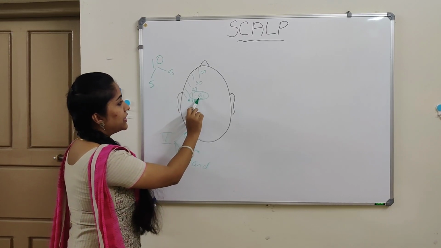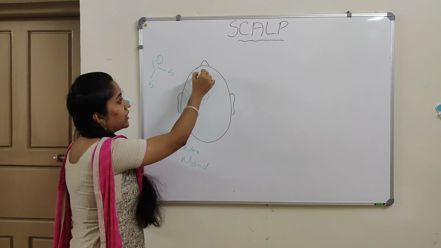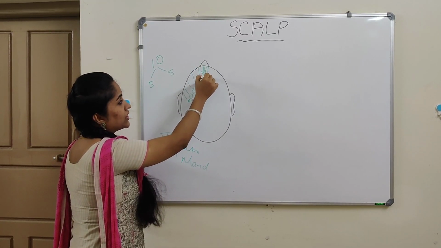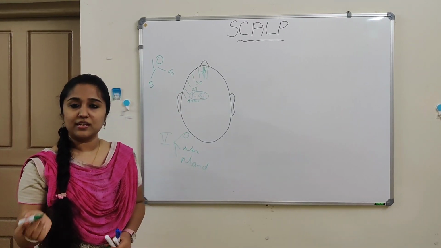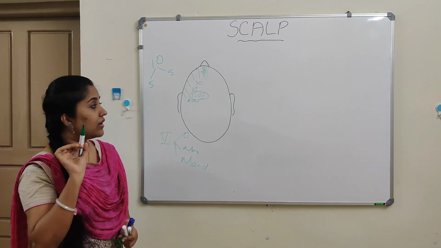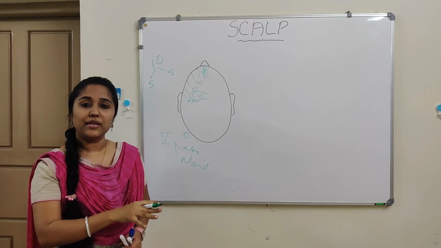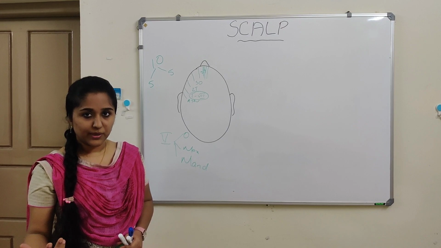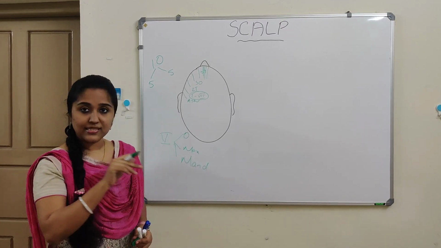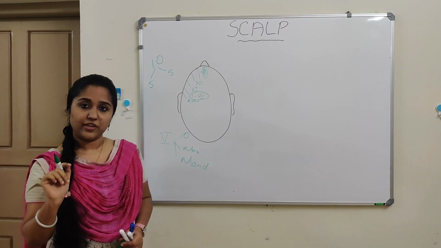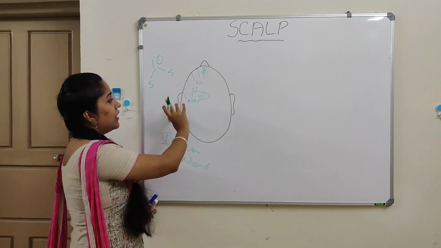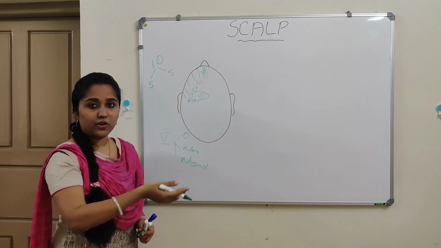This temporal branch will supply the frontal belly of occipitofrontalis. We have already discussed in the last session that the occipitofrontalis muscle has 2 bellies, the frontal belly in the front and the occipital belly behind. The frontal belly is supplied by the temporal branch of the facial nerve. So these are the sets of nerves in front of the auricle.